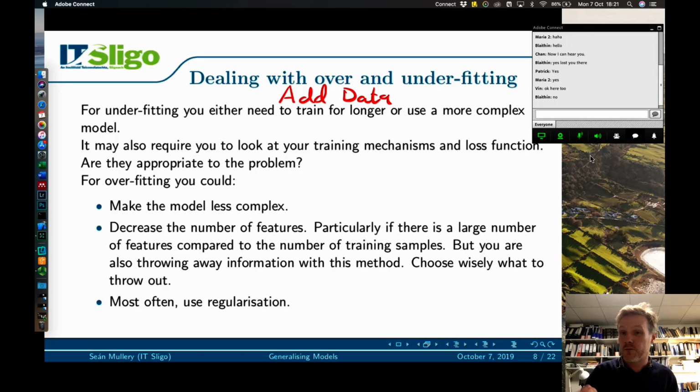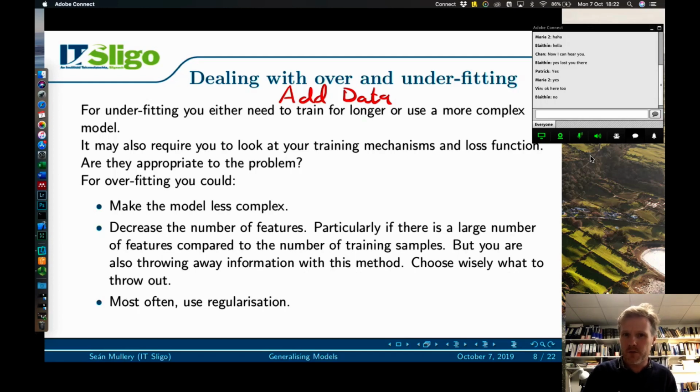A lot of what we do, particularly in unsupervised learning, is look for correlations in data, between data and labels, that we aren't aware of as humans. So that's the danger of decreasing the number of features to deal with overfitting. But it can be quite powerful: it can make your model a little bit simpler, and it'll train a little bit quicker. So it's not to be ruled out by any stretch of the imagination, but it's one to do with caution.